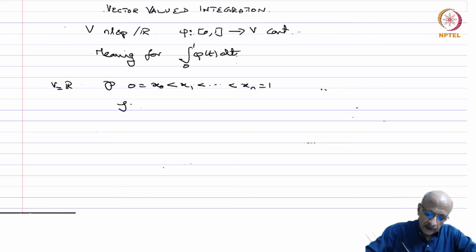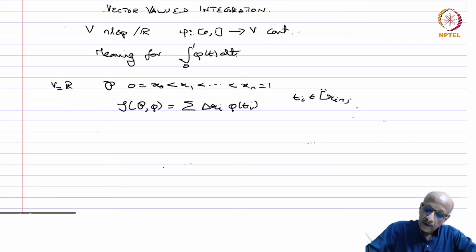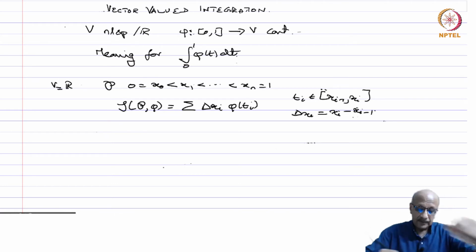Corresponding to the partition, you would define the Riemann sum S_P phi, which will be sigma delta xi times phi of ti, where ti belongs to the interval xi minus 1, xi, and delta xi is equal to xi minus xi minus 1, and then you would take a limit.